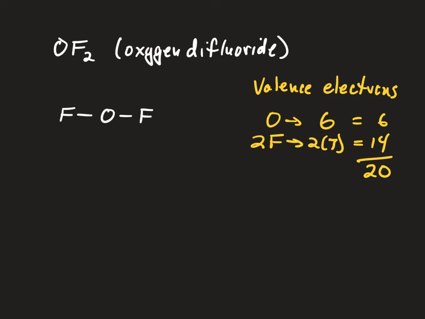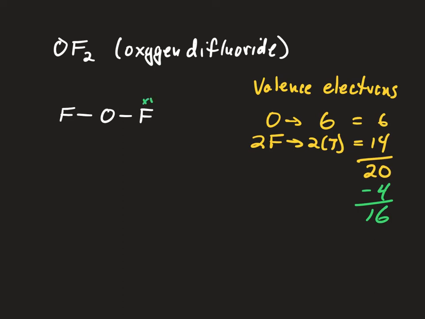We've got 2 bonds, 1 bond there, 1 bond there. Each bond we've drawn already represents the position of 2 electrons. So that's 4, which leaves us with 16. So we start distributing our leftover electrons to give outside atoms 8 and move in.